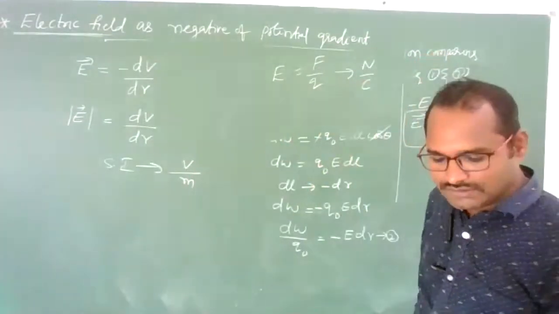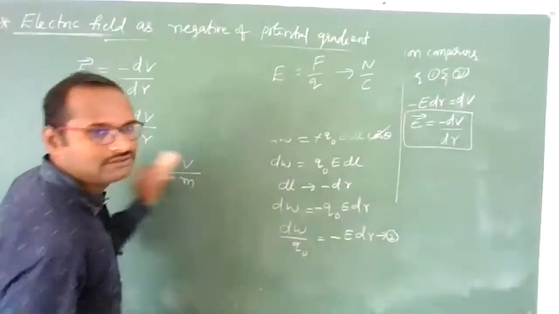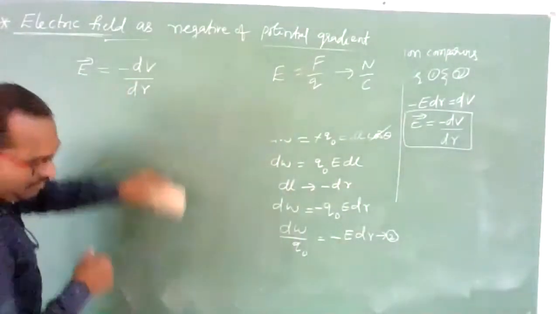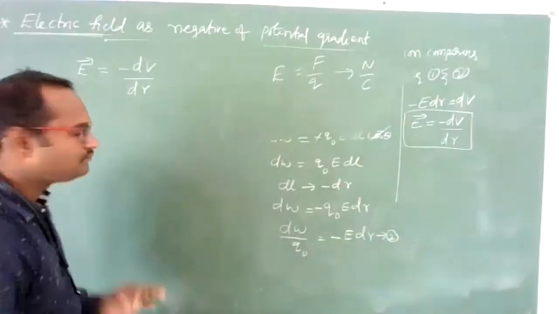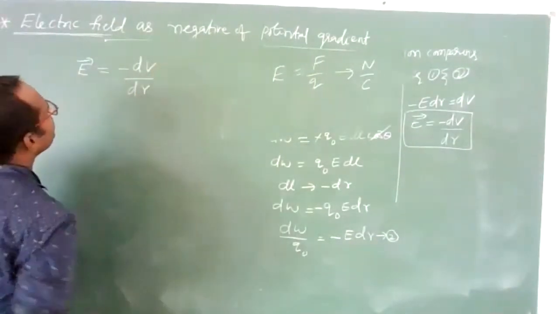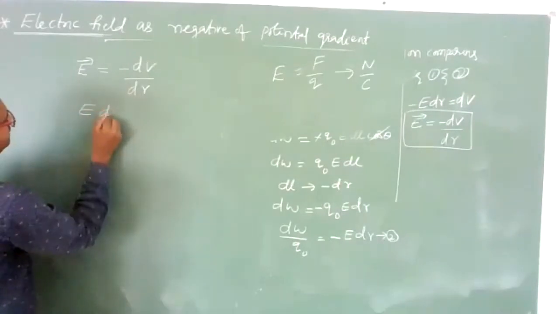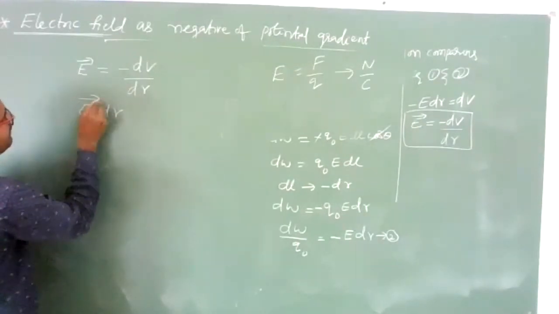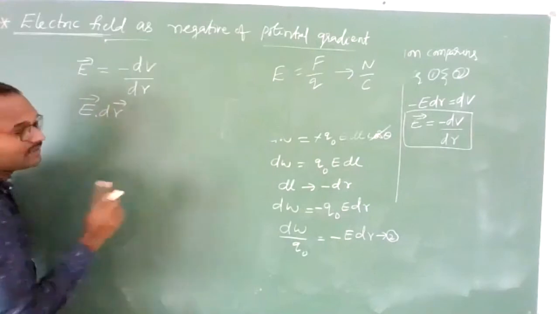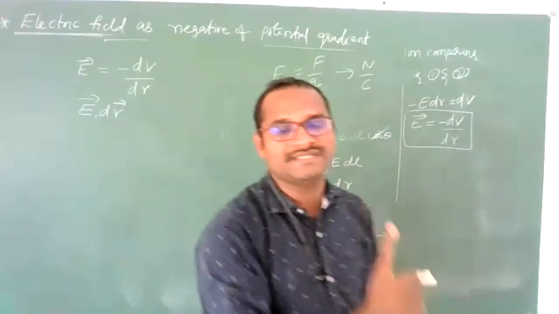Clear? One more point. See, students, this dr, send that side, you'll get E dr. Here it is E bar dot dr bar. Whenever you write it, you can't simply send dr to that side.